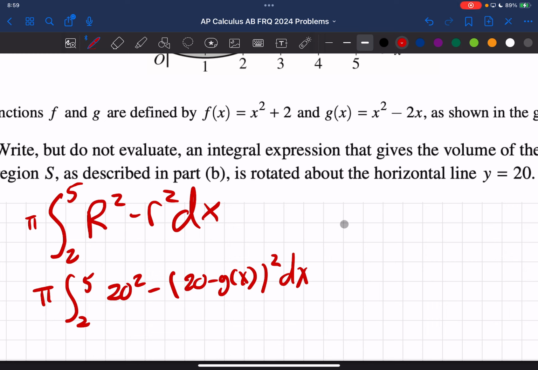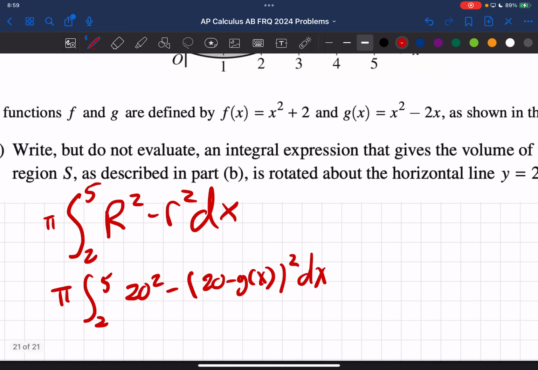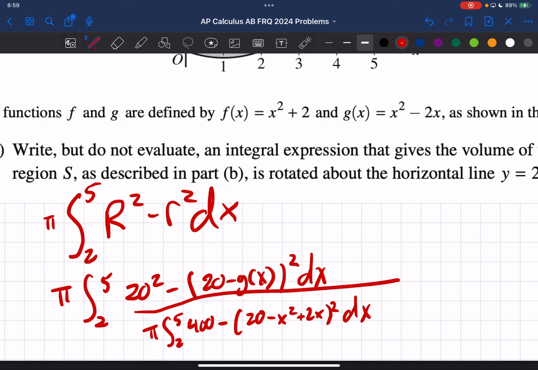But they say you do not have to evaluate it. Now, my guess is you probably have to substitute in x squared minus 2x for g of x. That's just my guess. Could be wrong. And you probably have to square 20. Maybe, maybe not. So we have 20 minus x squared plus 2x, quantity squared, dx.